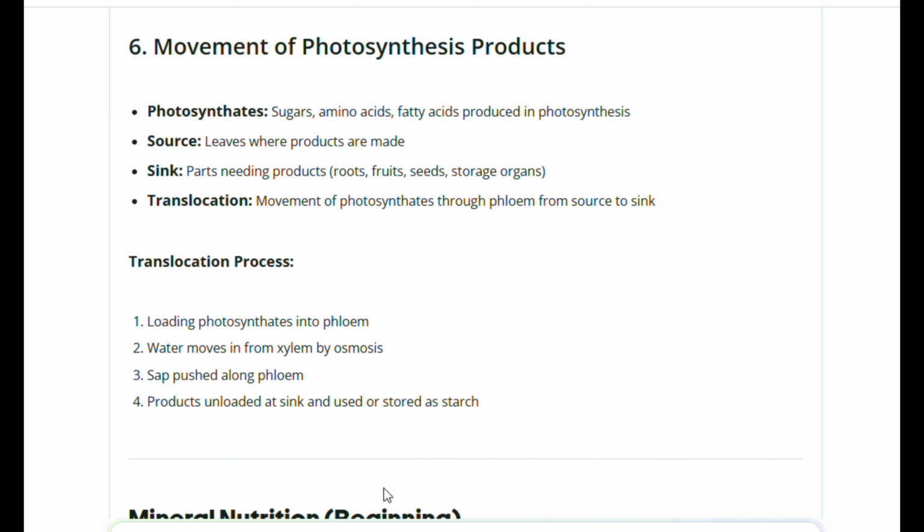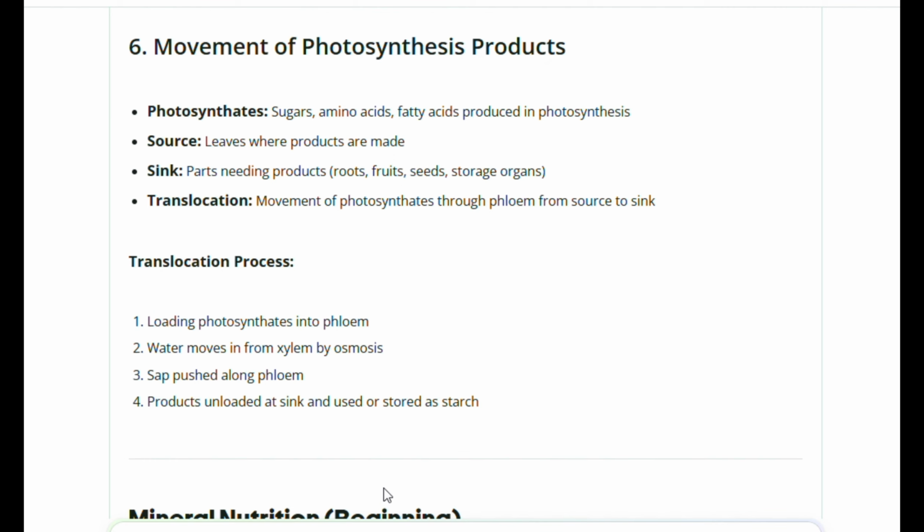Photosynthesis products are called photosynthates, for example sugars, amino acids, and fatty acids. Photosynthates move from where they are made, the source, to where they are needed, the sink, via the fluid.